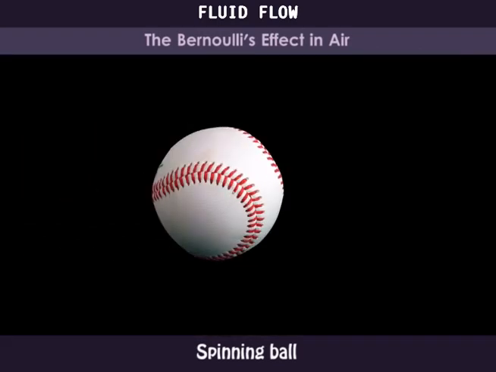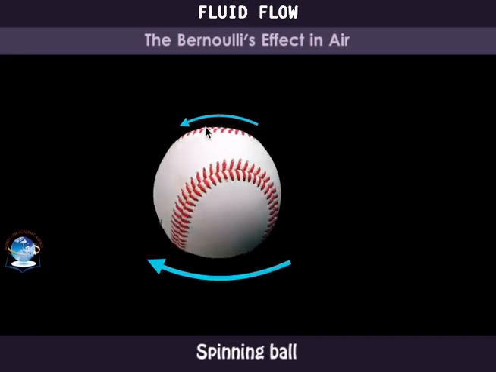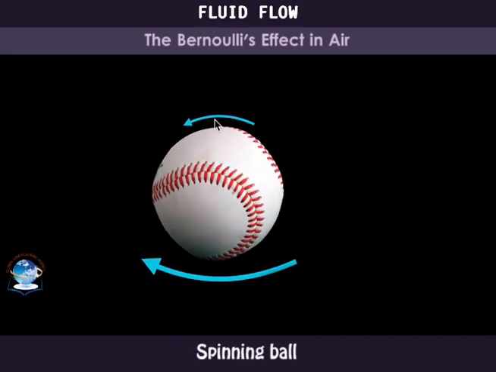If you threw a ball that was not spinning, as it moves, the air is going to move around it. But since it's not spinning, the velocity of wind at the top and bottom will be exactly the same. But if the ball is spinning, it generates a wind on the top, which counteracts the wind that is coming in, and that decreases the speed of the wind on the top.